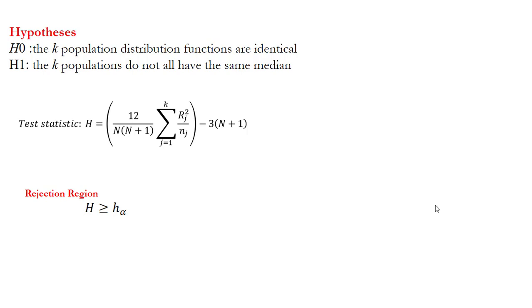Our test statistic H is given by this formula: 12 over n times n plus 1, times the summation of Rj squared over nj, minus 3 times n plus 1. The rejection region is such that we reject the null hypothesis if H, the test statistic, is greater than or equal to H alpha, where alpha is the given significance level.